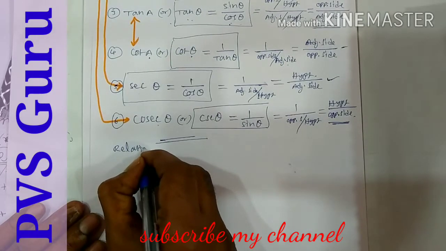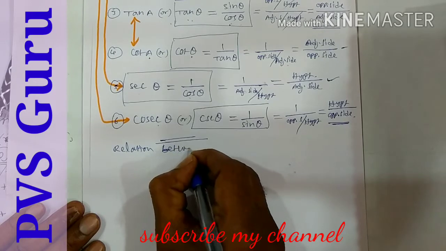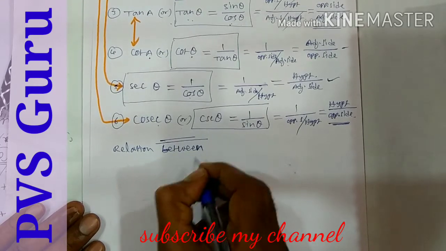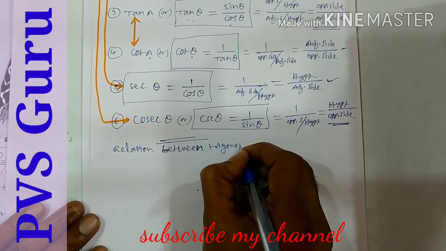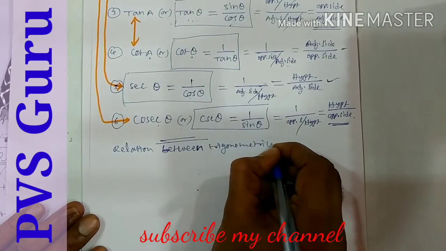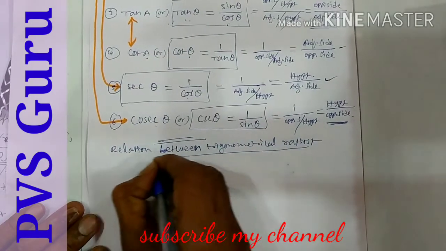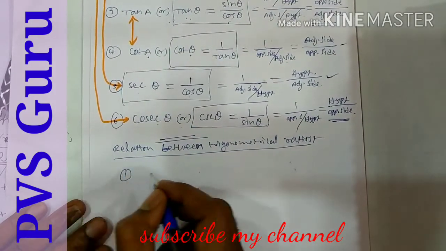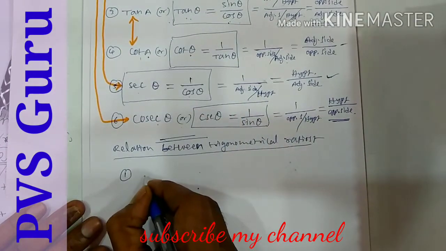Relation between trigonometrical ratios. So you observe it, first one which is opposite to each other, tan and cot.